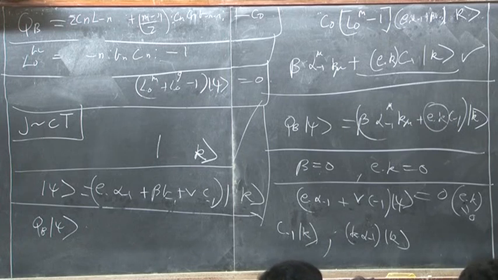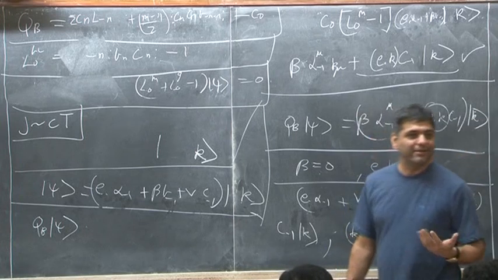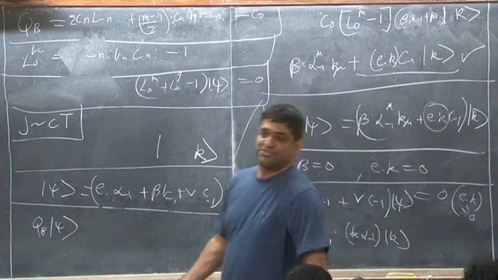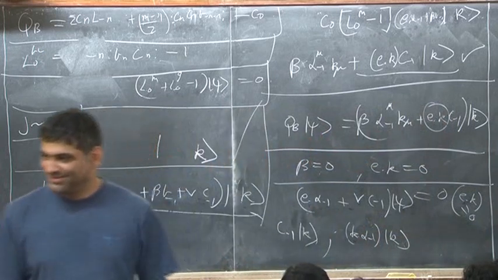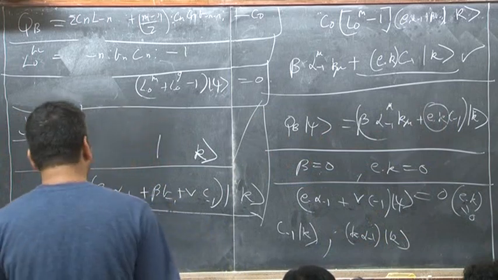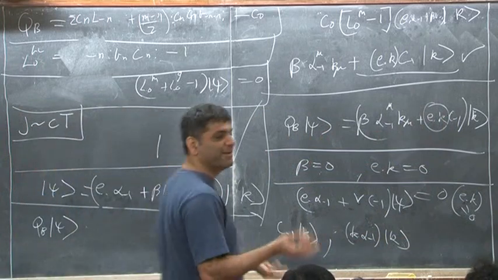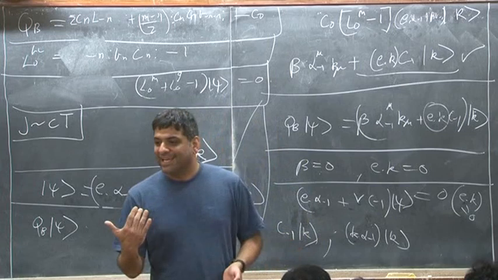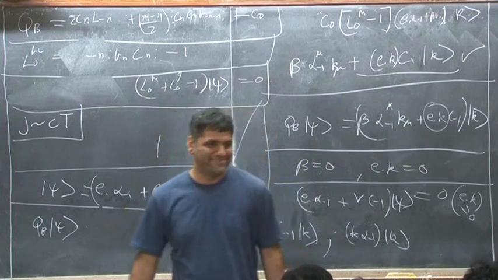Exactly. Now, Orram was hinted when he asked, what do you mean is trivial? I mean, from the point of view of low energy physics, what does it mean is trivial? The point is, it's gauge equivalent.